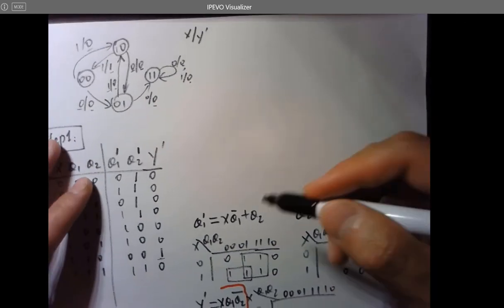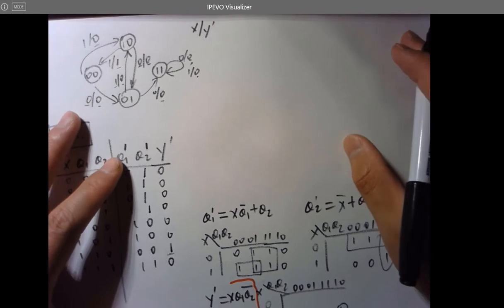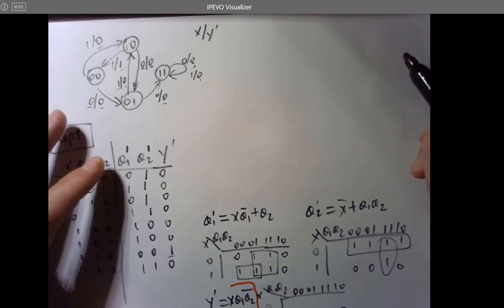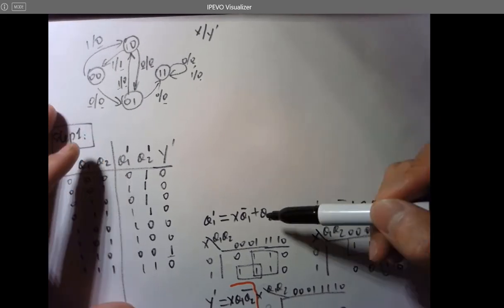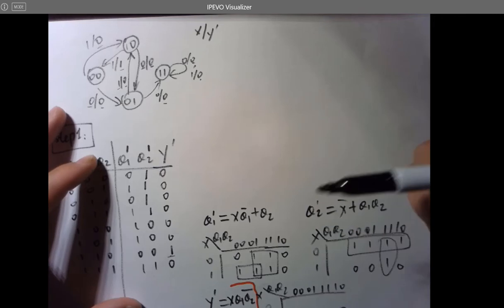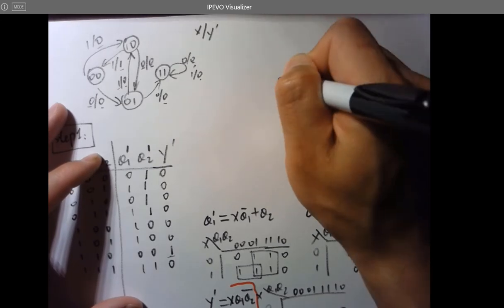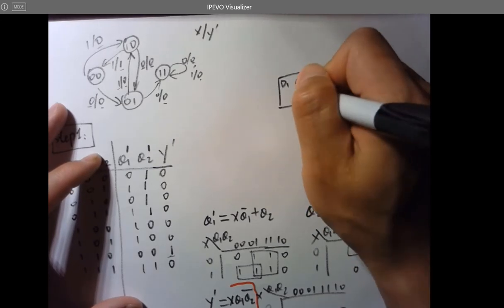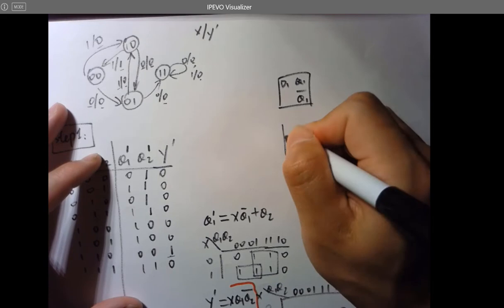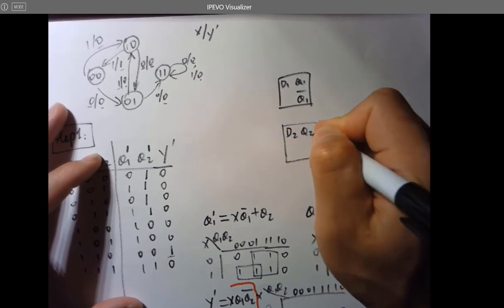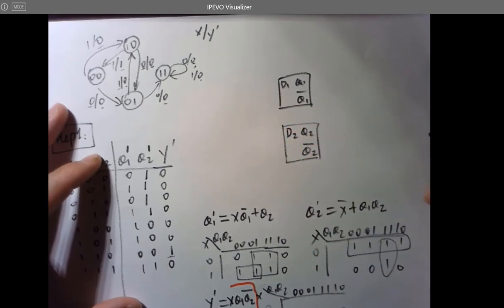Now let's start drawing the sequential circuit. We start from the signal which is X, and we have two states, Q1, Q2, so we need two D flip-flops: D1, Q1, Q1 naught; D2, Q2, Q2 naught.